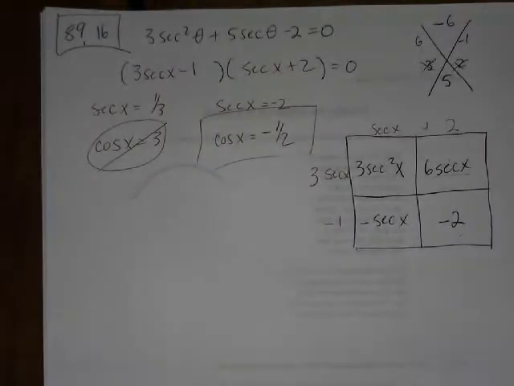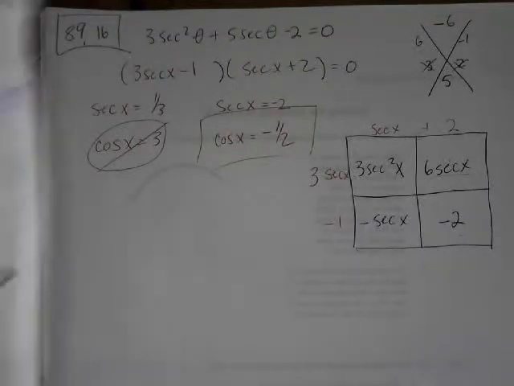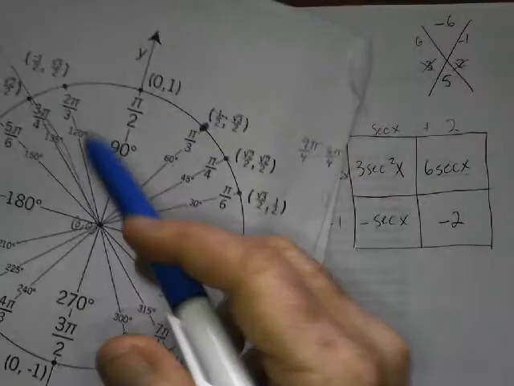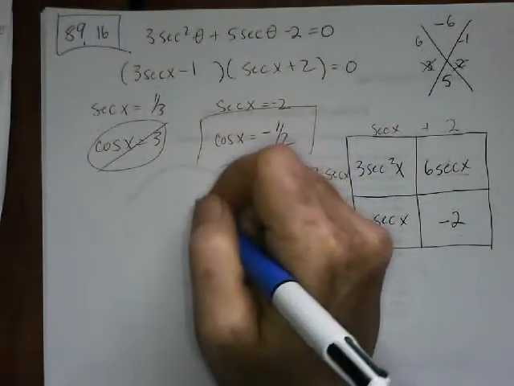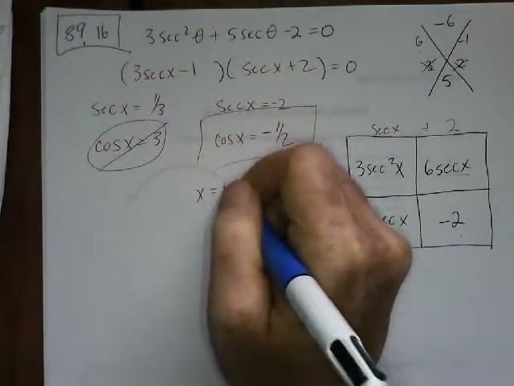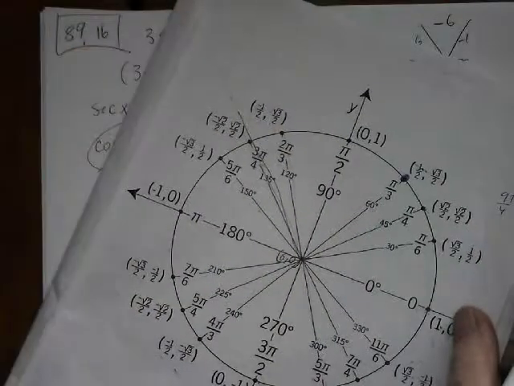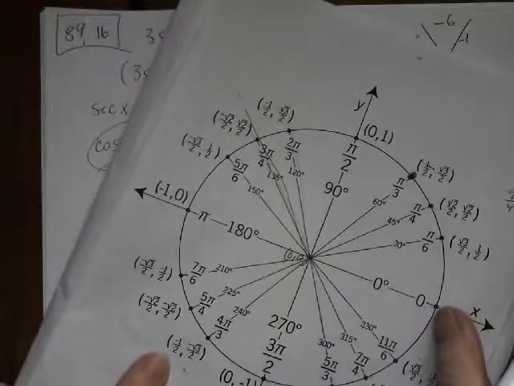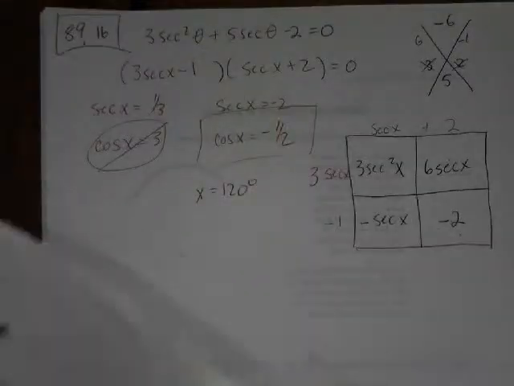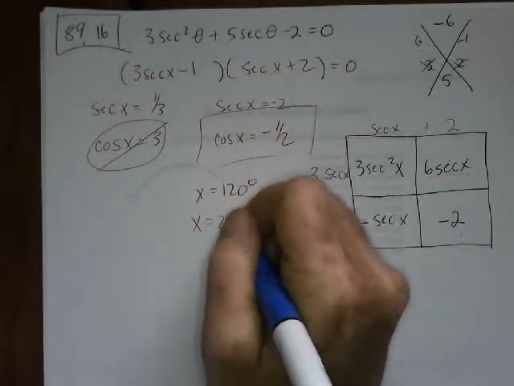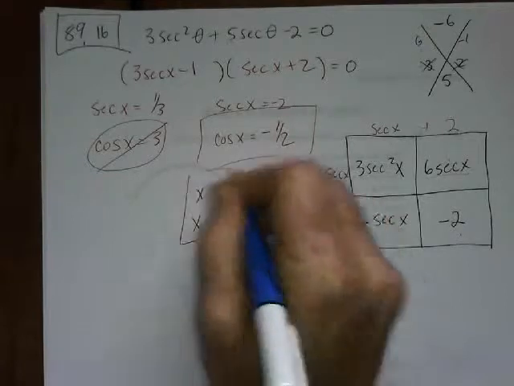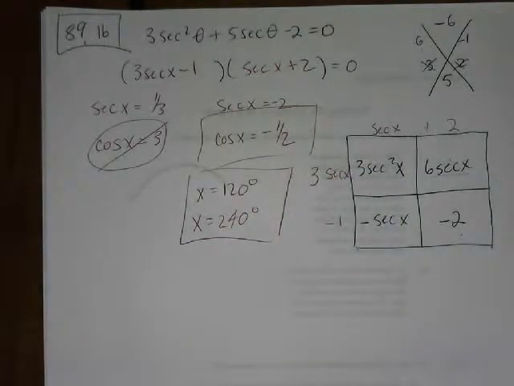Are we in degrees here, I wonder? Let's see if we're in degrees. Yes, we're supposed to be in degrees. So, 120. And then there's somewhere else, probably, like right down there. I got 240. And I think that's it. We're done.